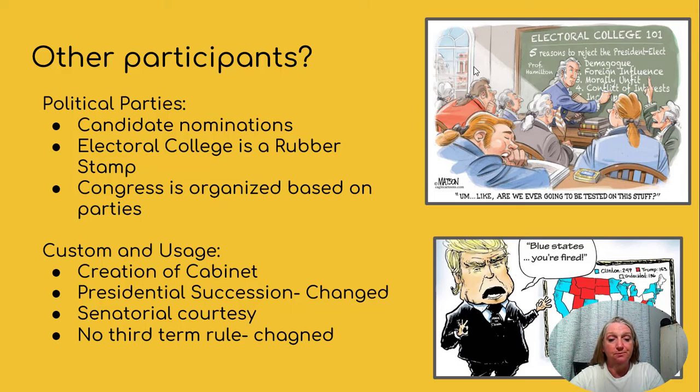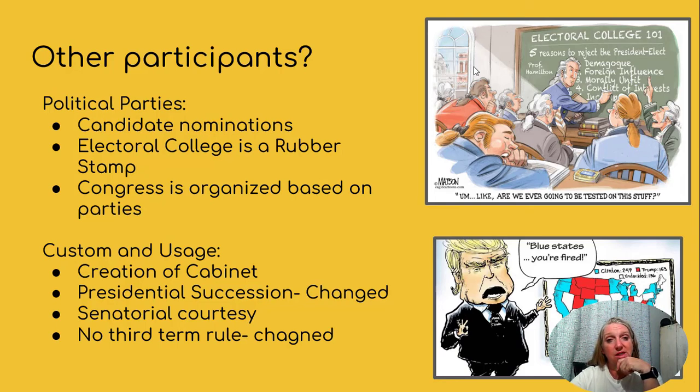It used to only go through the president pro tempore of the Senate, and they changed it. They have a law that changes it and expands it. We have an amendment that clearly lays out how presidential succession works, if something happens to the president and he needs to be replaced because he died, he needs to step down, he resigned, whatever it is, we have a plan in place. Something called senatorial courtesy.